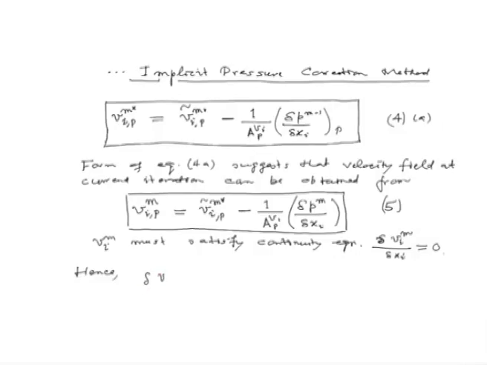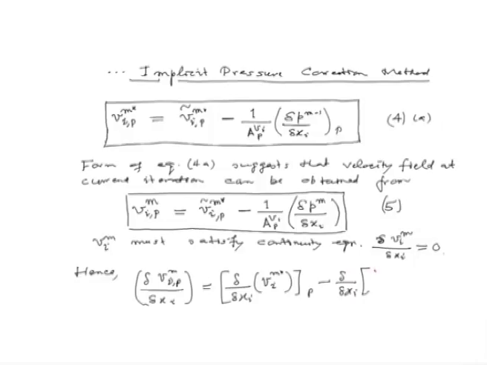delta VI P M over delta Xi is equal to delta over delta Xi of VI M star at point P minus delta over delta Xi of 1 over A P VI delta P M over delta Xi.